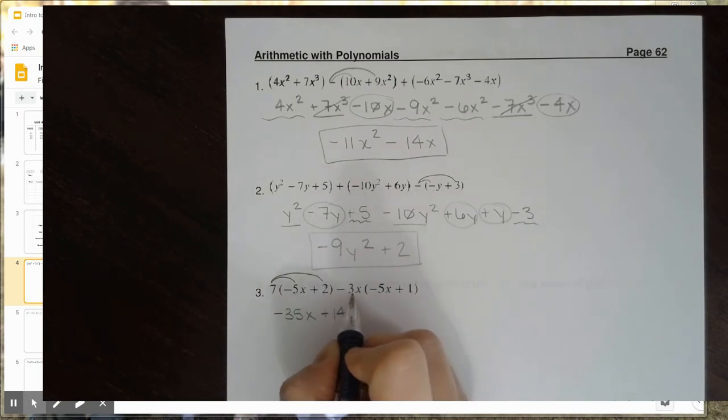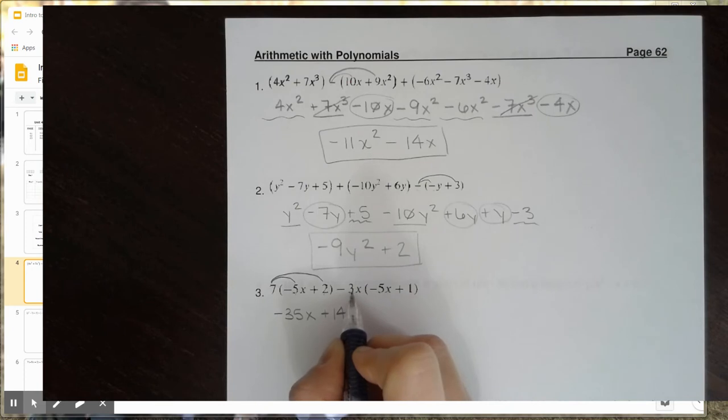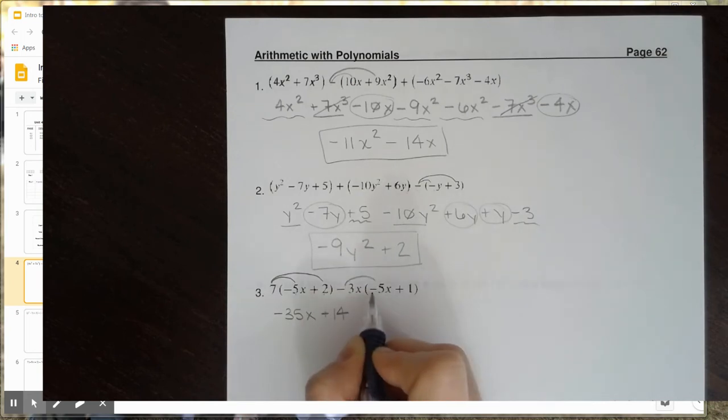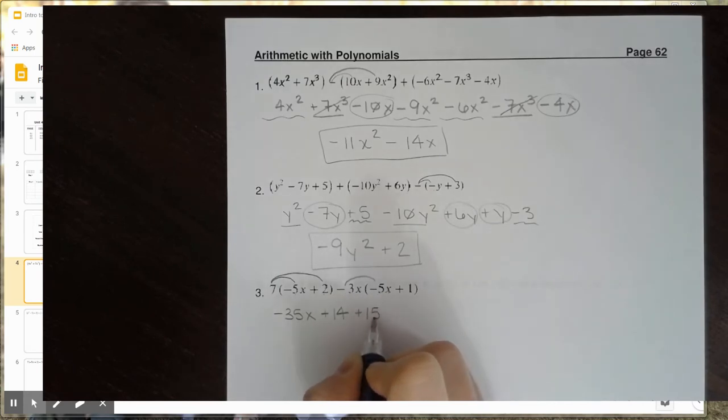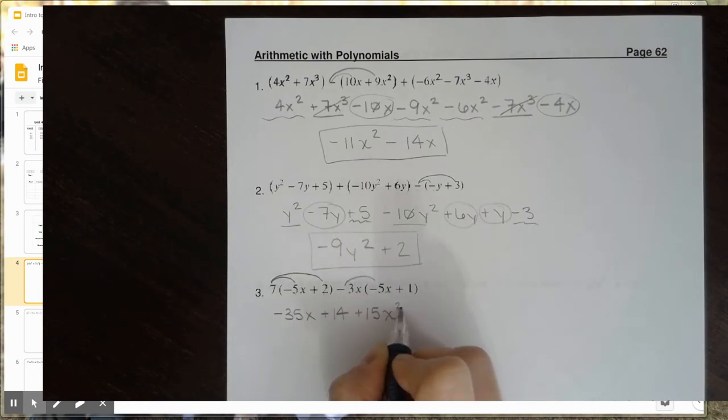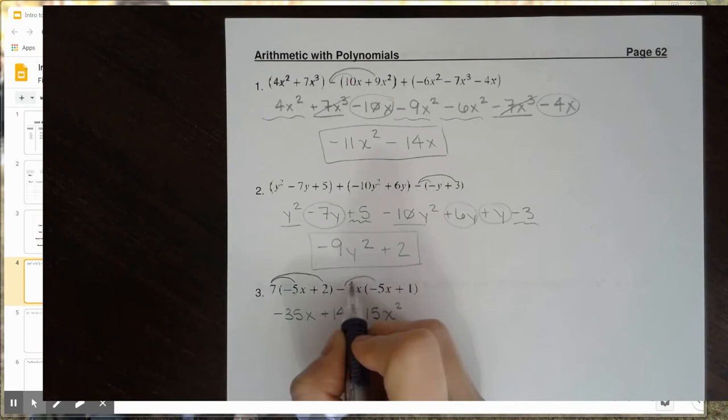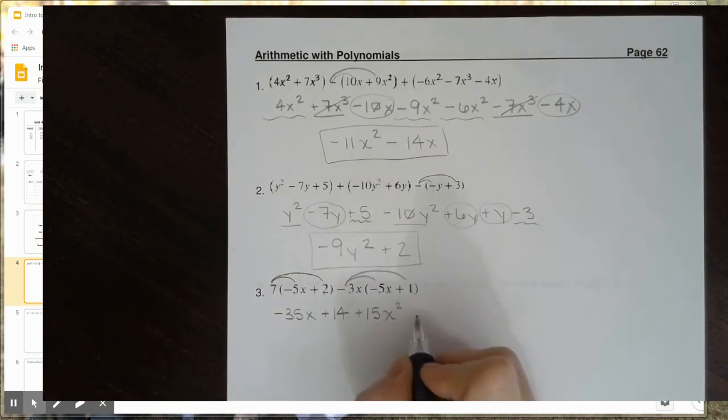Here, I'm not just distributing a constant, I'm distributing a coefficient and a variable. So I'm doing negative 3x times negative 5x. I'm going to do the coefficients first. Negative 3 times negative 5 gives me positive 15. x times x gives me x squared. And then I'll have negative 3x times 1, which is just going to be negative 3x.